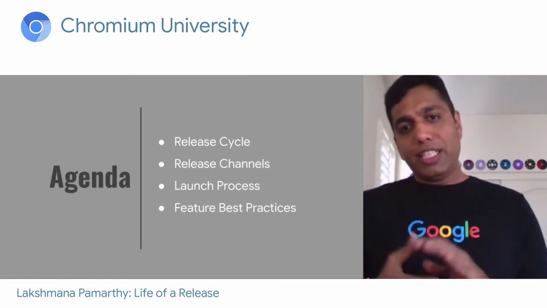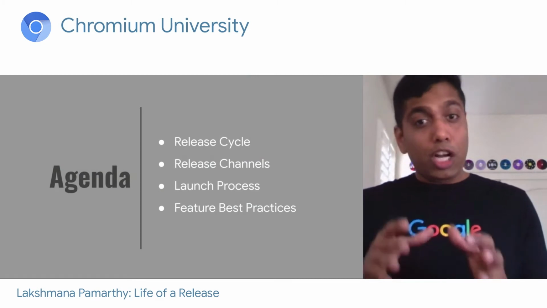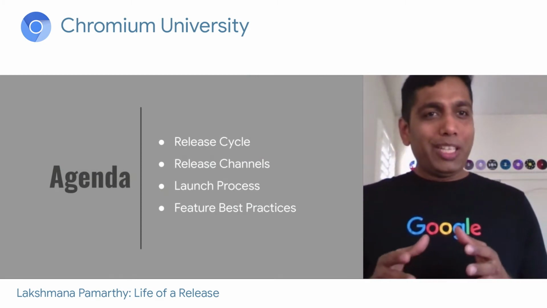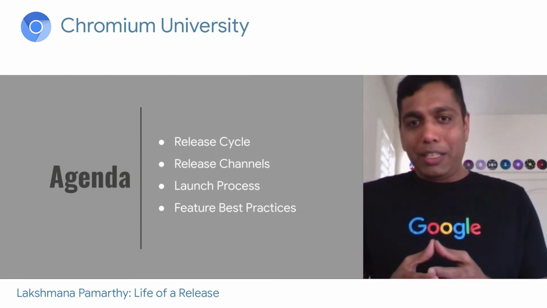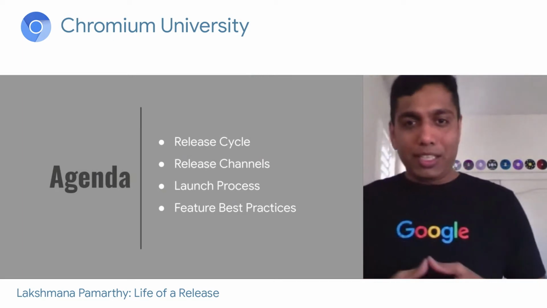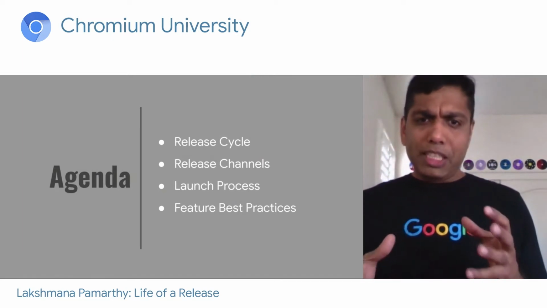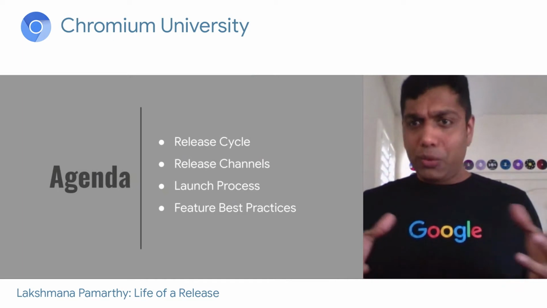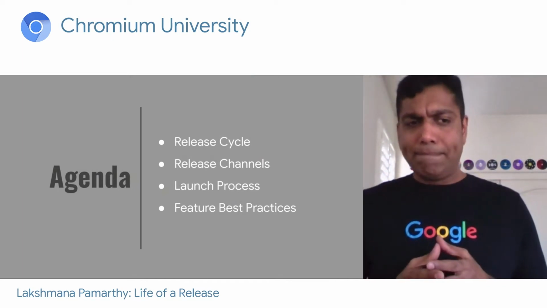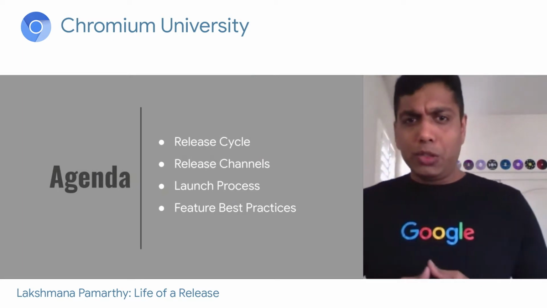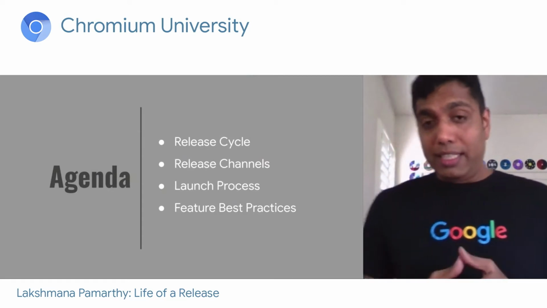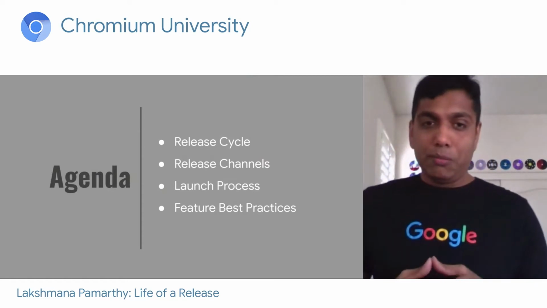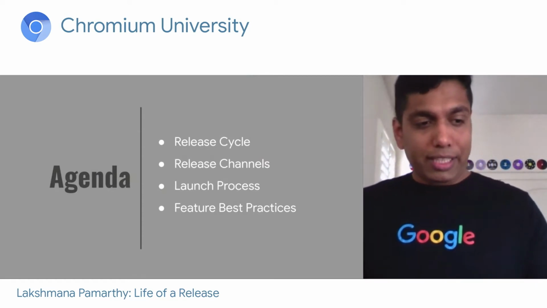And then we switch gears and go a little bit into the launch process. So how do we, as a Chrome product, ensure that we're getting a quality product out the door? What are the best practices we try to follow so we get the best product out to users at scale? Those are the four main topics we want to cover today.